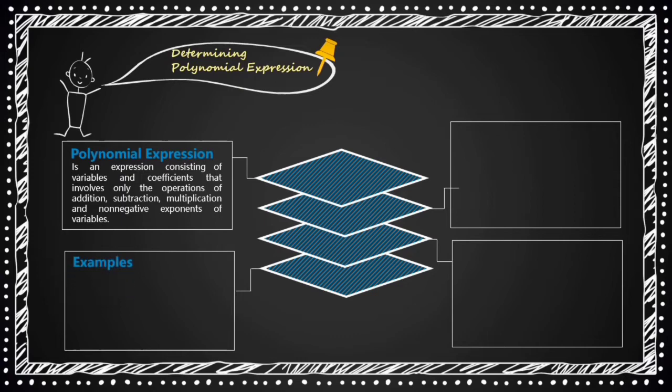Here are 5 examples of polynomial expressions. Number 1, x cubed minus 2x plus 5. Number 2, 5x cubed plus x squared plus 7x minus 3. Number 3, negative 10x minus 2x squared. Number 4, 2x minus 10. Number 5, 1 minus 32x squared.